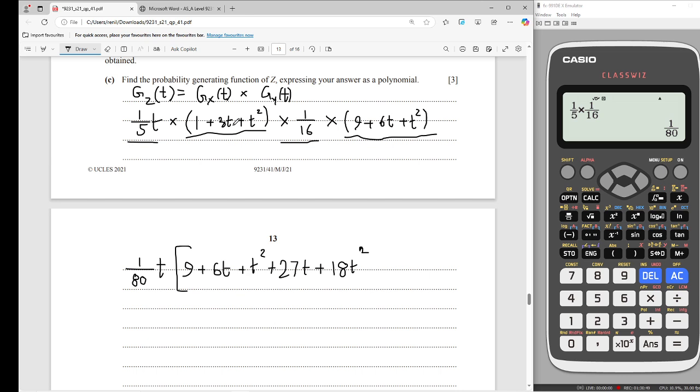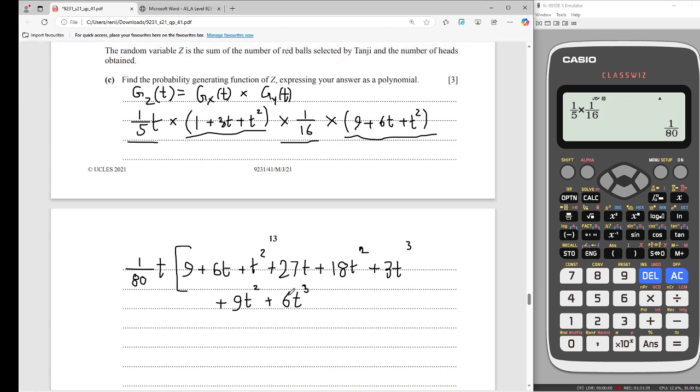And finally 3t multiplied by t squared equals 3t cubed. Now when you multiply t squared with each of these, it's 9t squared, plus when you multiply t squared with 6t, you get 6t cubed. And now we have t squared times t squared, which is just going to be t to the power 4.